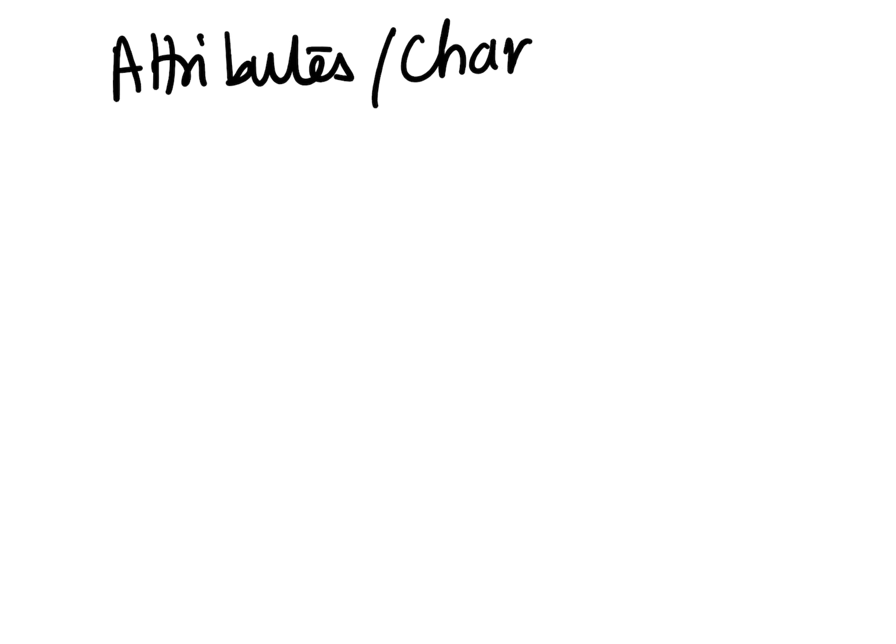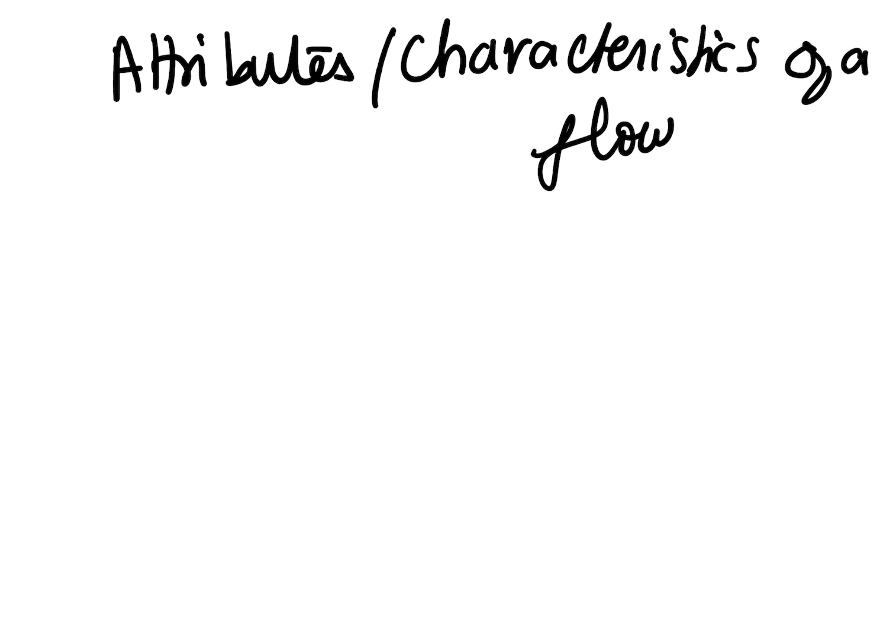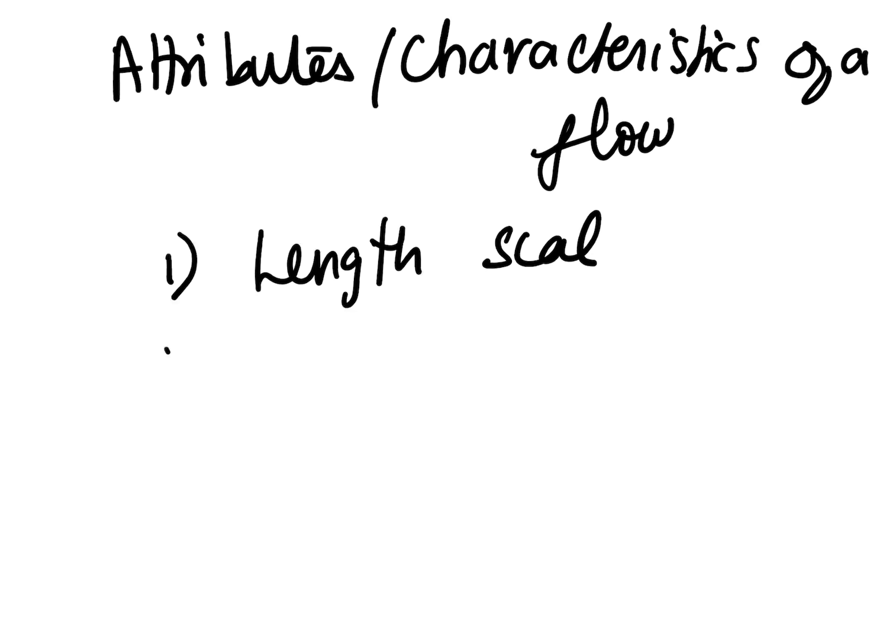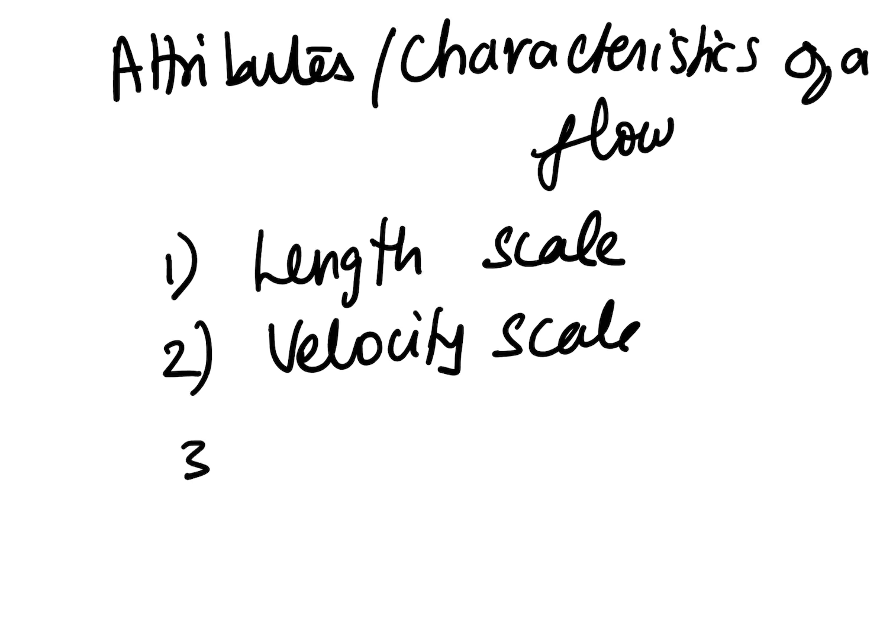So to quickly summarize, the attributes or characteristics of a flow that are important. One is length scale, how big, how small. The other is velocity scale, how fast or how slow.